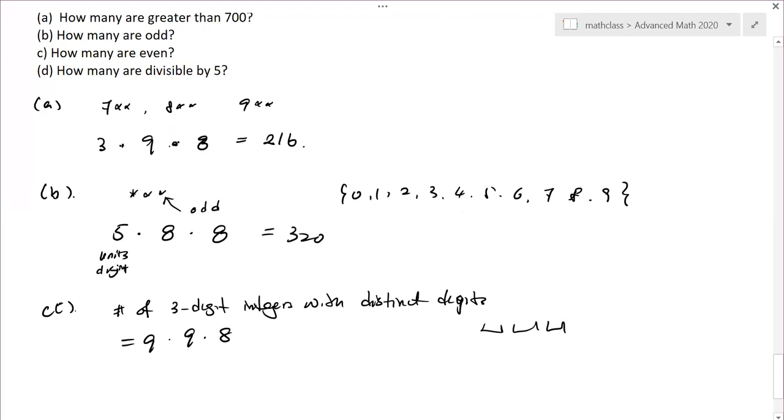That is 648 in total. Then you just take the difference. So the answer will be 648 minus 320, which is 328.